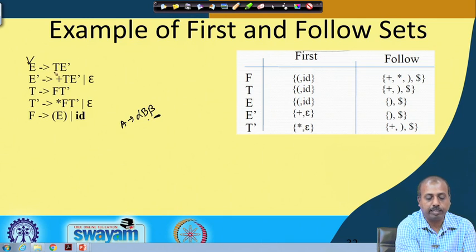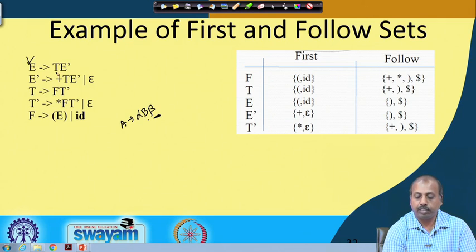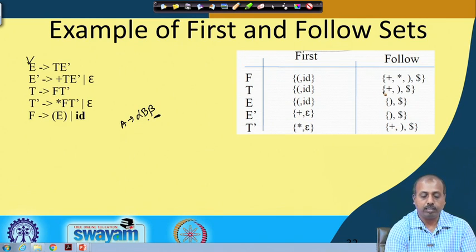Alpha is epsilon, B is T and beta is E dash. So, whatever is in first of E dash can be in the follow of T. First of E dash is already computed: plus and epsilon. Out of that, epsilon I will not take. So, this plus will go to the follow of T. So, follow of T has got the plus symbol.